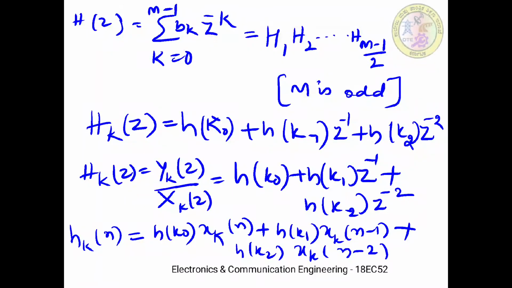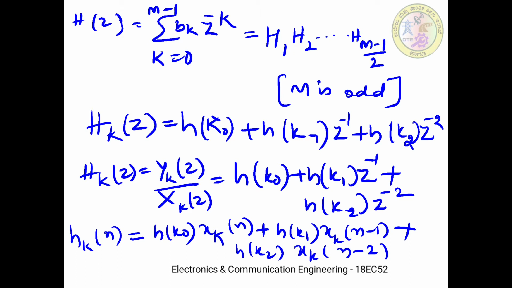This is the impulse response for the individual transfer function. Here k represents the transfer function number, and it may be 1, 2, 3 up to (M minus 1) by 2.